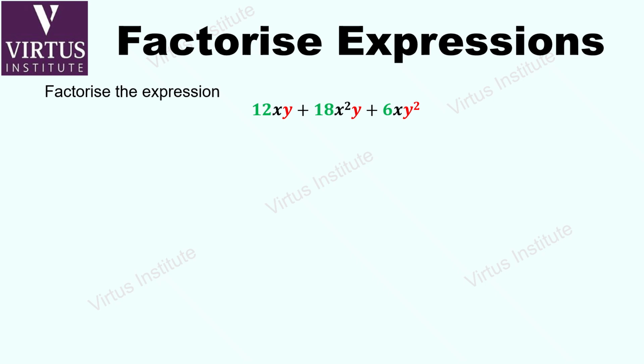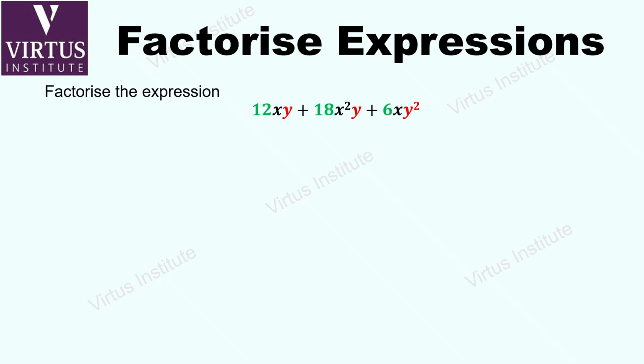We group the terms into numbers 12, 18, and 6. x terms are x, x squared, and x. And y terms are y, y, and y squared. Now we find the highest common factor for each term.